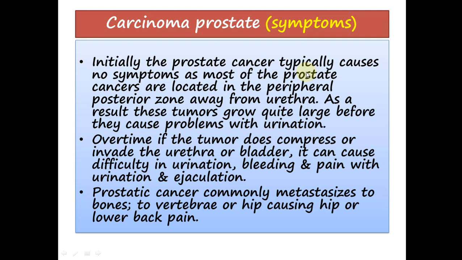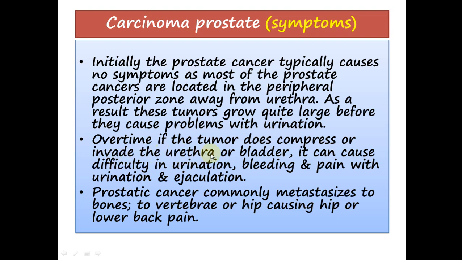When we compare it to the benign prostatic hypertrophy, which commonly involves the transitional zone and causes early compression of the urethra, so benign prostatic hypertrophy or hyperplasia cause symptoms earlier than prostate cancer, because the prostate cancers are mostly located in the posterior peripheral zone, and since this zone is away from the urethra, and as we know the tumors grow slowly, it is only when the tumor grows quite large that it causes compression of the urethra and problems in urination.